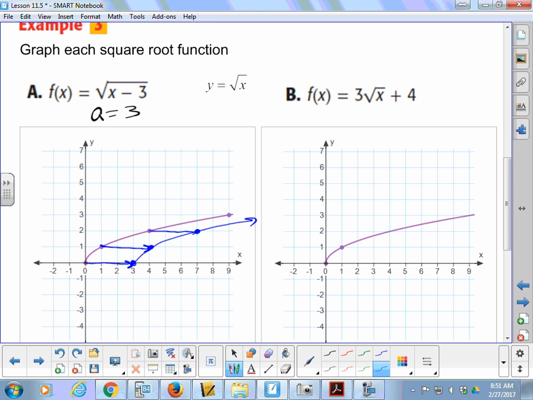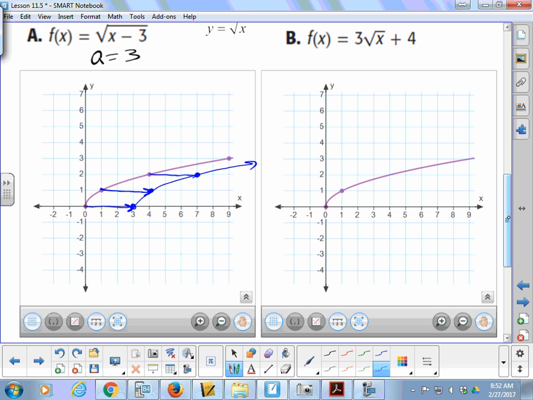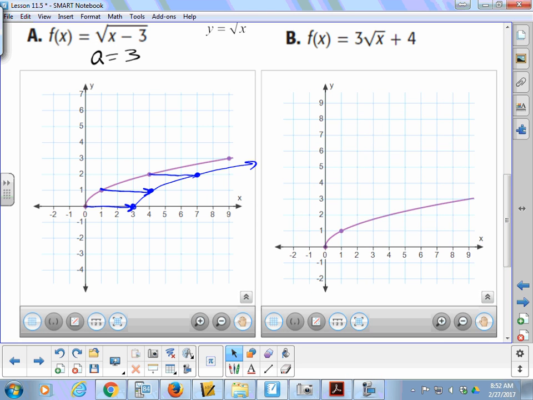Now this one here changes that quite a bit. It's 3 times the square root of x plus 4. So we have to take a look at it a little bit differently. Because what does this 3 in front of the radical tell us to do?